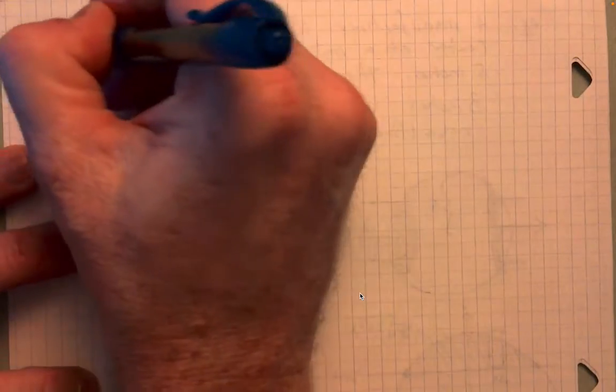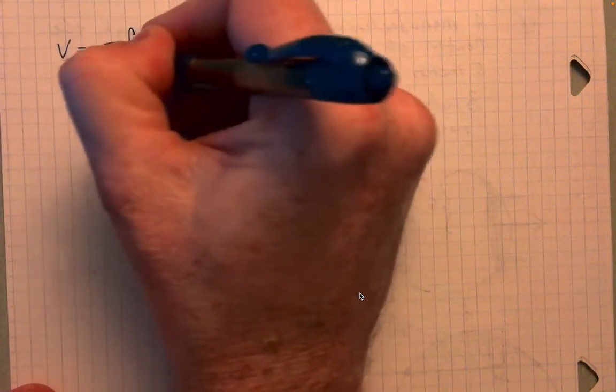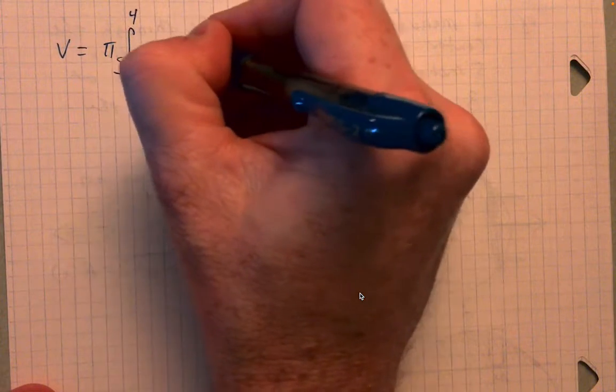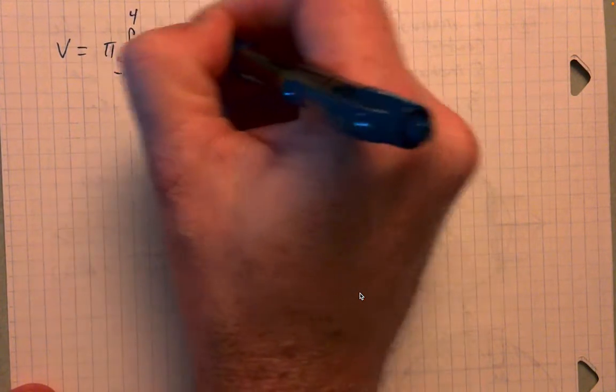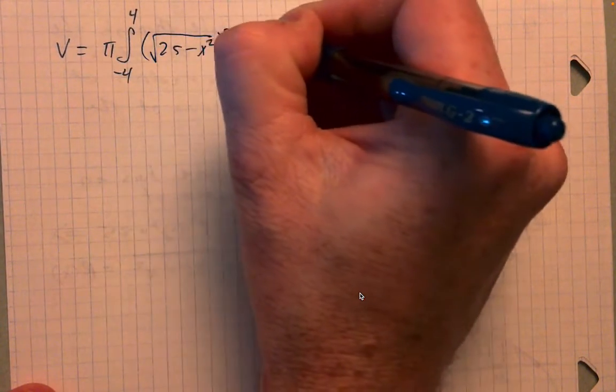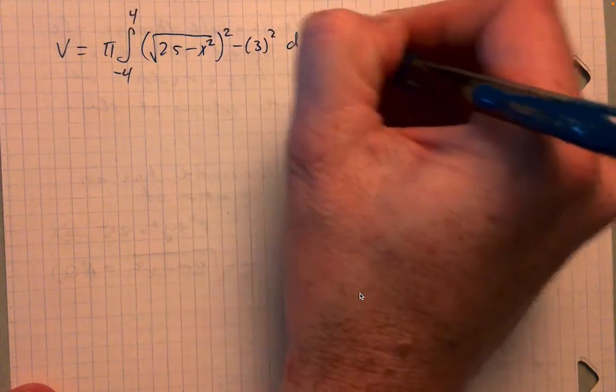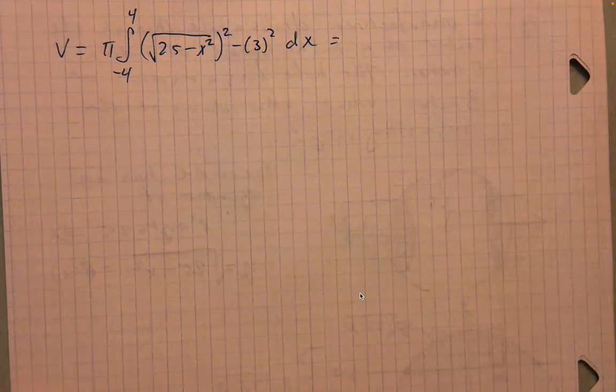Let's go through quickly and calculate the integral. So the volume here is equal to pi times the integral from negative 4 to 4. And I'm just going to rewrite it really quickly, just so we have it all on one page here.